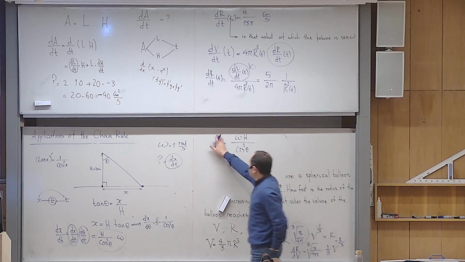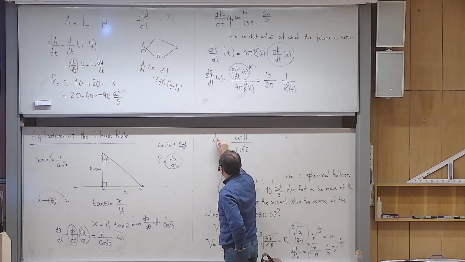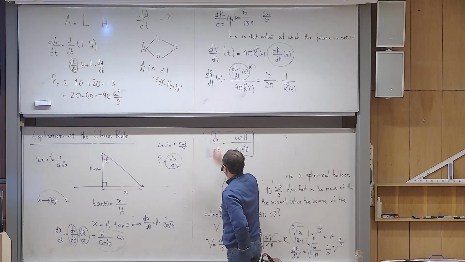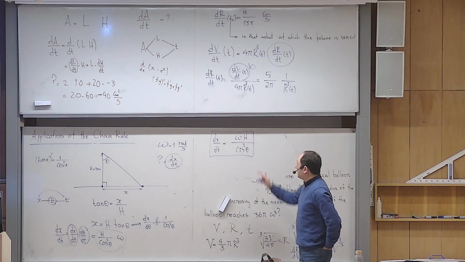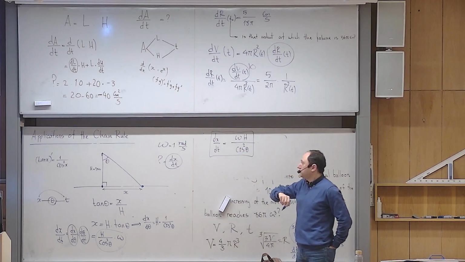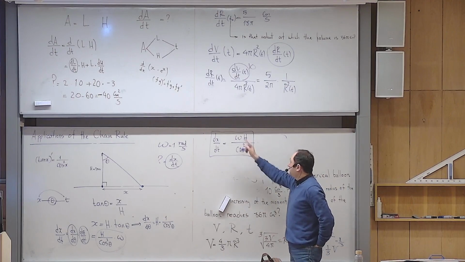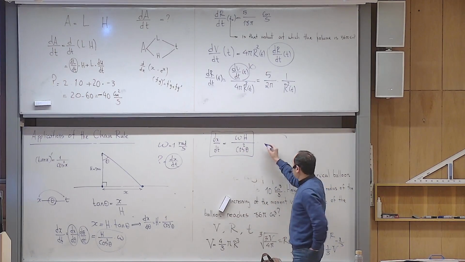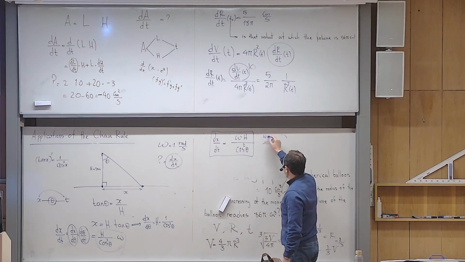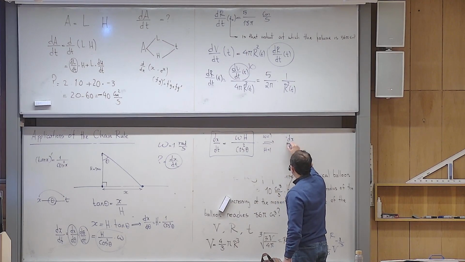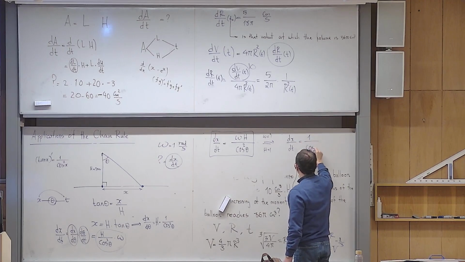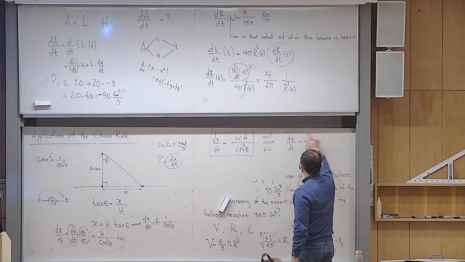So let me clean this and write dx dt. That is the question. Now I put the numerical values in: omega is given as 1 radian per second, and h is also given as 1 meter. So dx dt is nothing except 1 over cosine to the power of 2 theta.